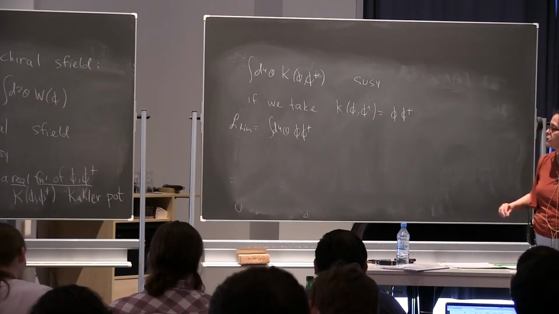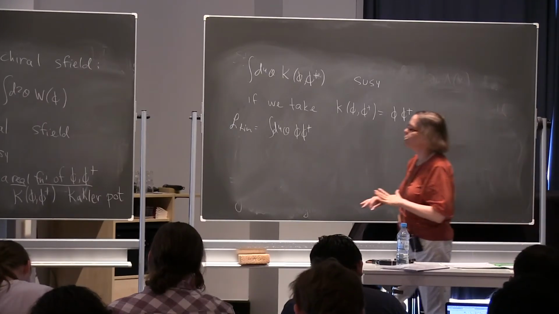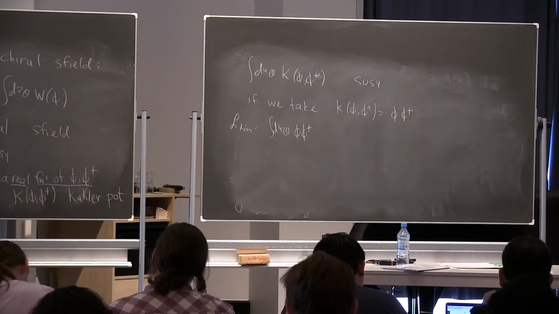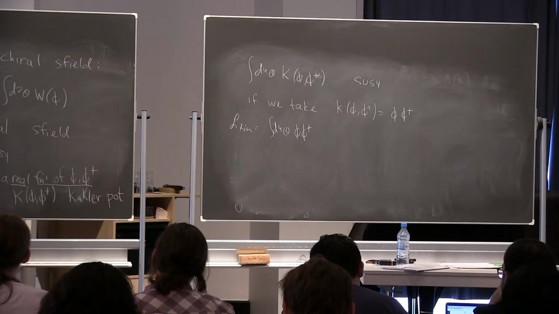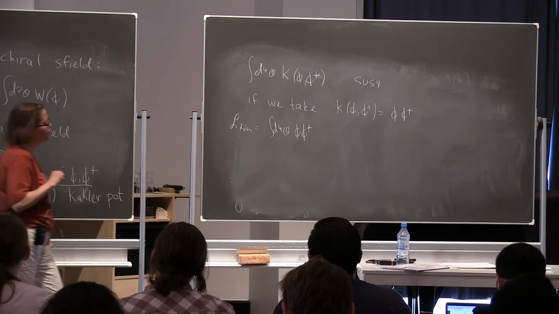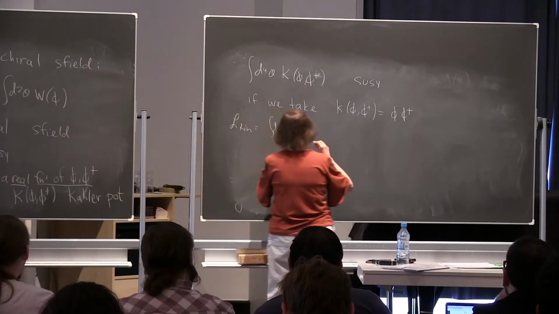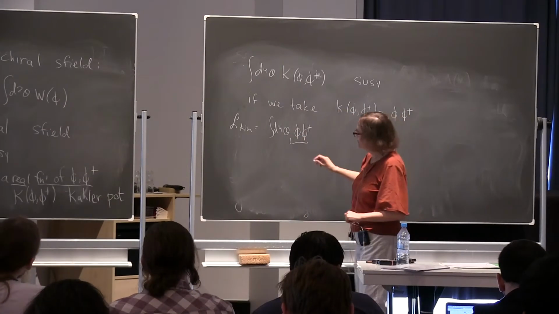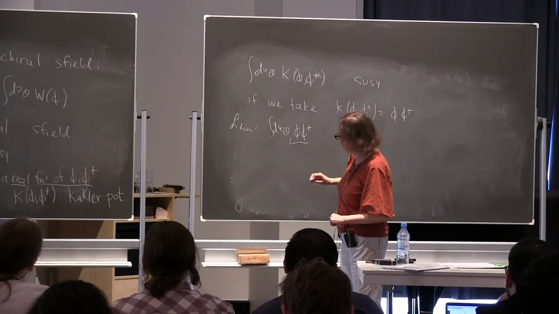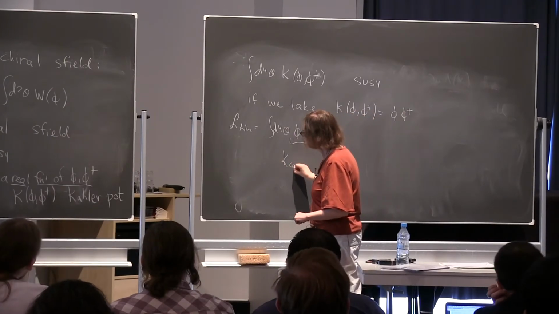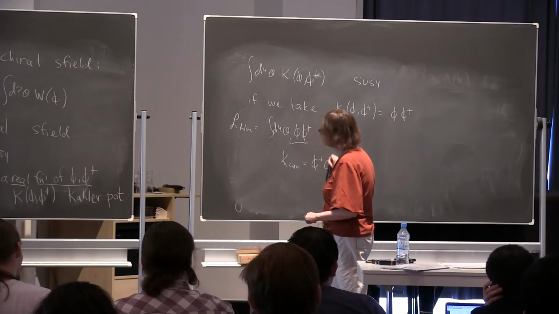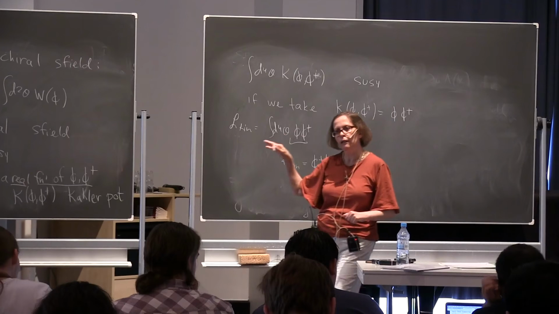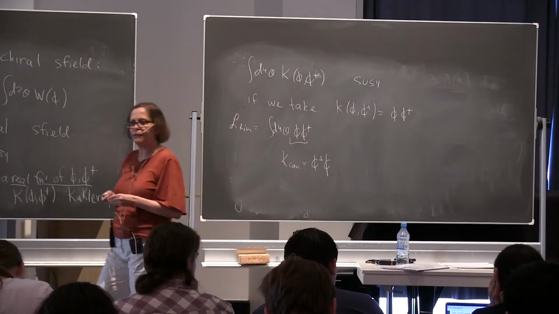So now we know how to write down the full Lagrangian for chiral superfields in terms of superspace machinery. And this simple form, this phi dagger phi, is just what's called the canonical Kähler potential. So the canonical Kähler potential is just phi dagger phi. And that's the thing that would give you the canonical kinetic term for all the fields.